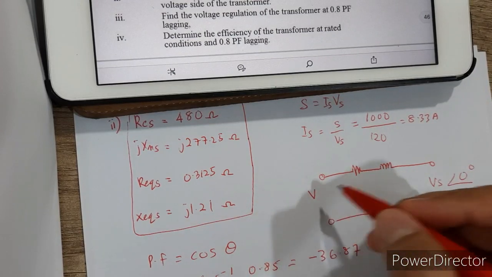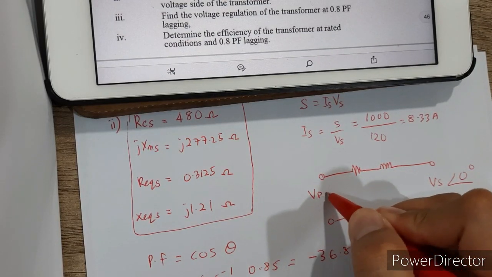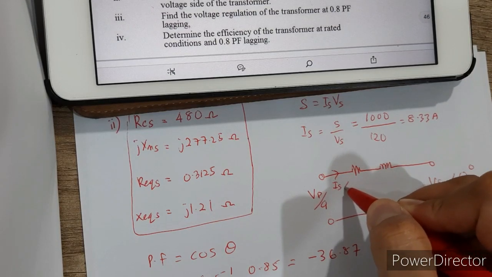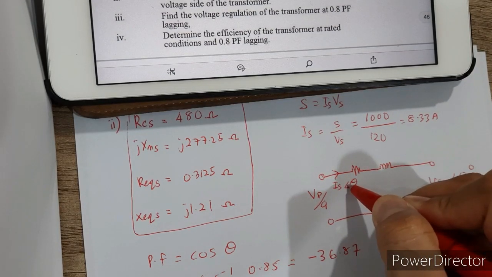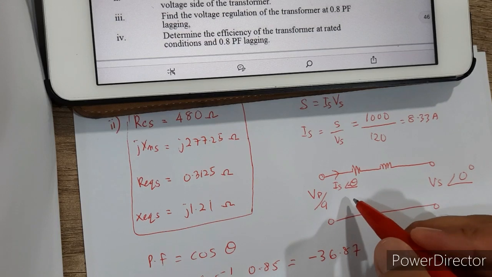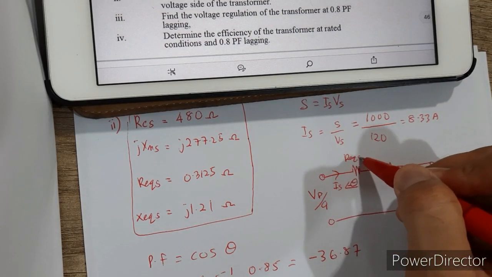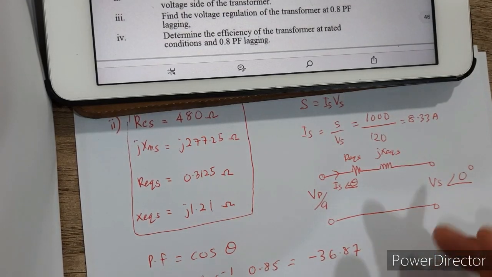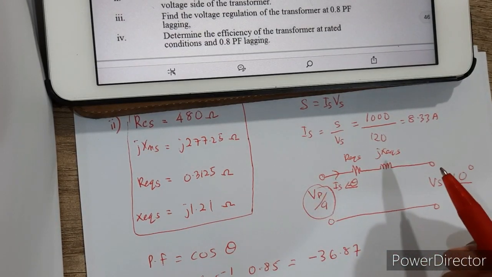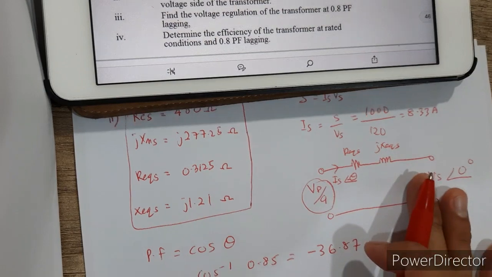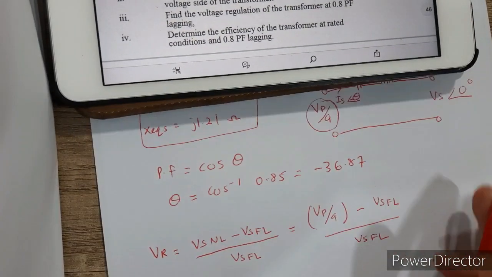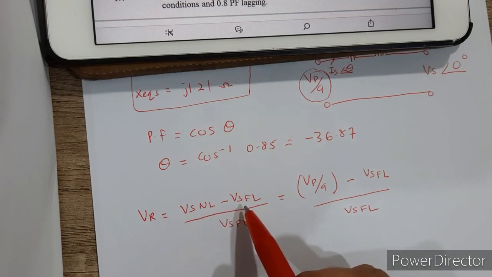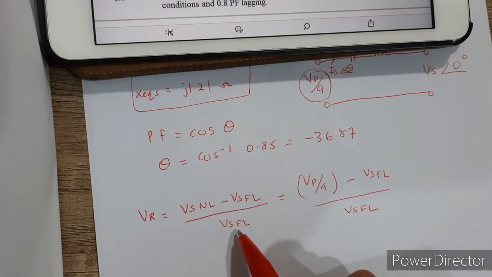This is referred to primary and secondary, so this is VP over A, and this is IS, with the angle of negative theta because of the lagging power factor. Our purpose is to determine VP over A. And then remember the equation for voltage regulation: VR equals VS no load minus VS full load, divided by VS full load.